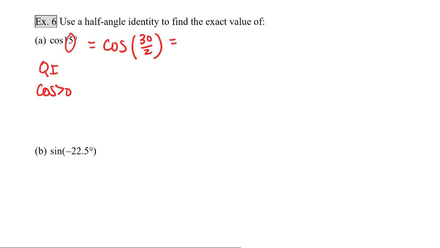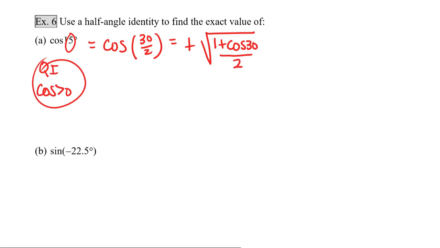Because 15 degrees is in quadrant 1, we're going to pick the positive root, and the formula is the square root of 1 plus the cosine of theta, or 30 degrees, over 2. I'll substitute in the cosine of 30 degrees, which is the square root of 3 over 2. Now I have a complex fraction that I'm going to simplify by multiplying by 2 over 2.